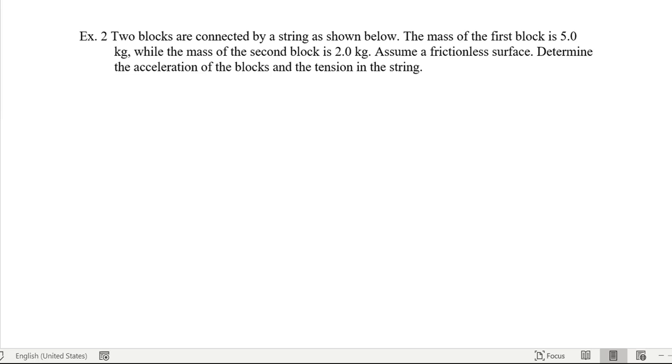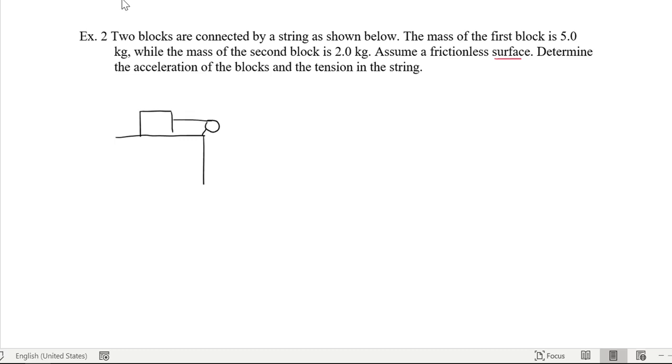Okay, so that's essentially what this picture is saying and what we've calculated. Now, if we take a look at a second example, let's see how this is different. So again, two blocks are connected by a string. The mass of the first block is 5 kilograms, and the second is 2 kilograms. Now, this time there is a surface.